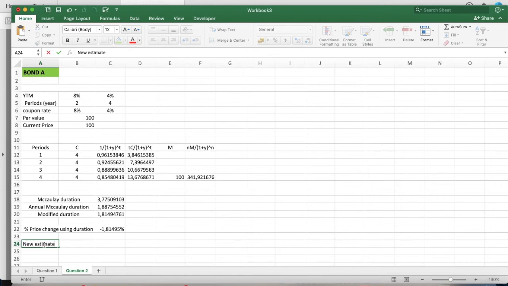estimate bond's price should be equal to the initial price, which is 100, see, times 1 plus the variation.